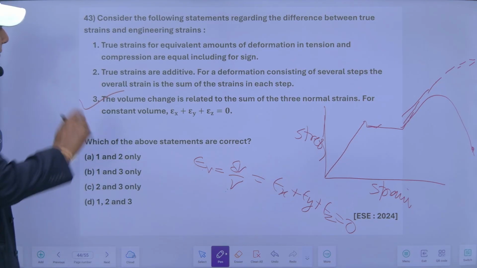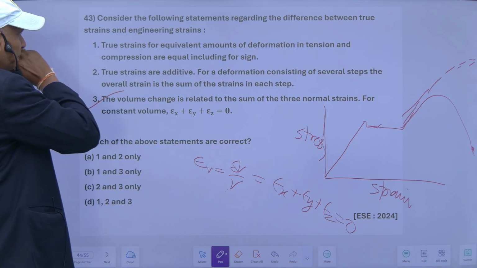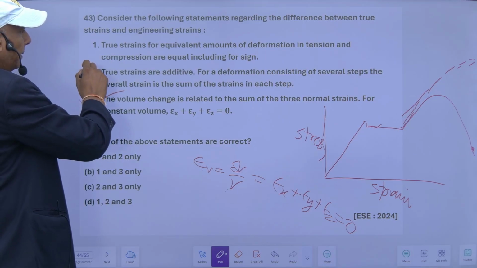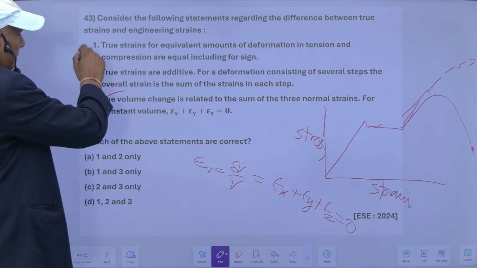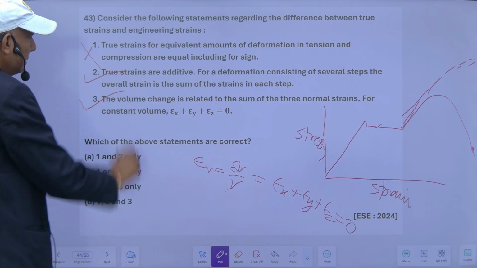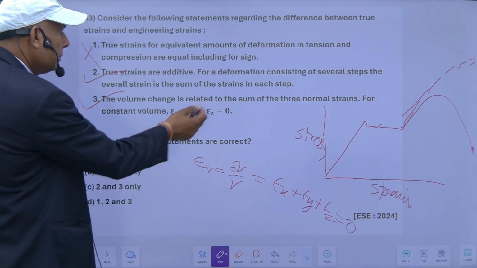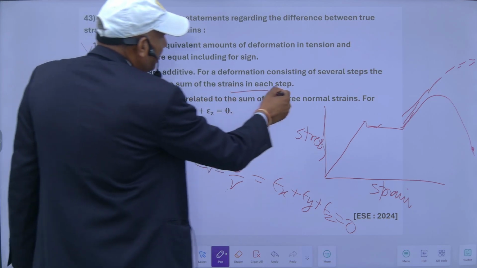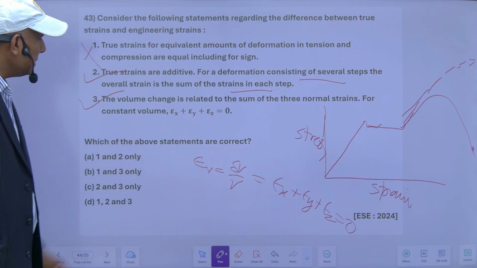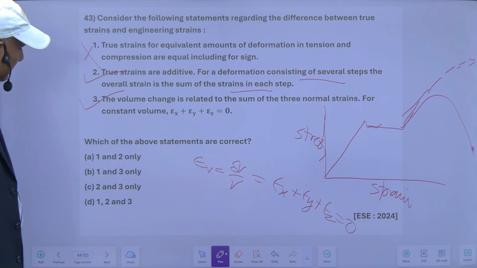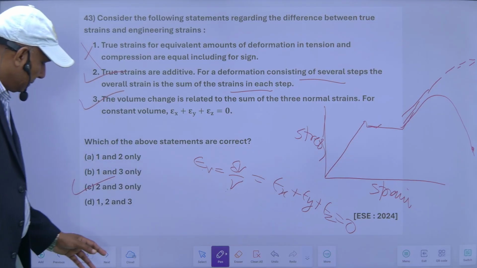They are basically not equal. So this is wrong. So 2 and 3 are correct, as we know in superposition, delta is equal to delta 1 plus delta 2 plus delta 3. So 2 and 3 is the correct answer.